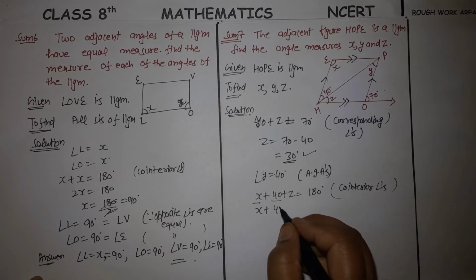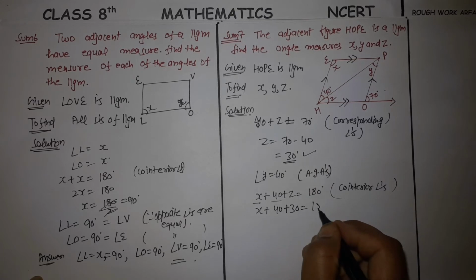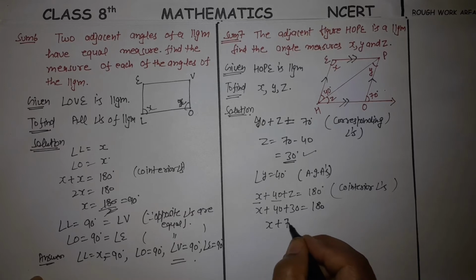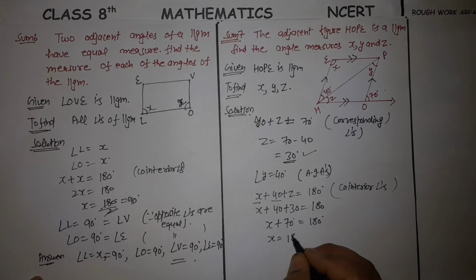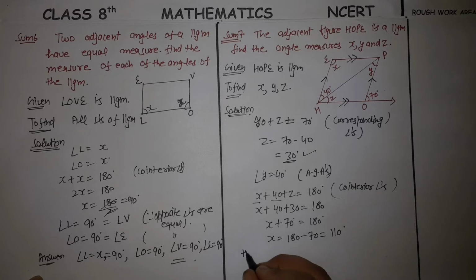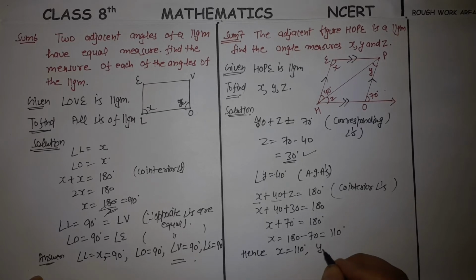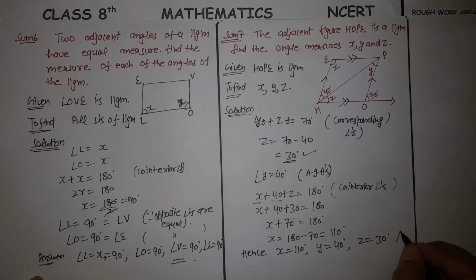Z we know is 30 degrees. Solving, then x is equal to 110. Hence x 110 degrees, y 40 degrees, z 30 degrees is your answer.